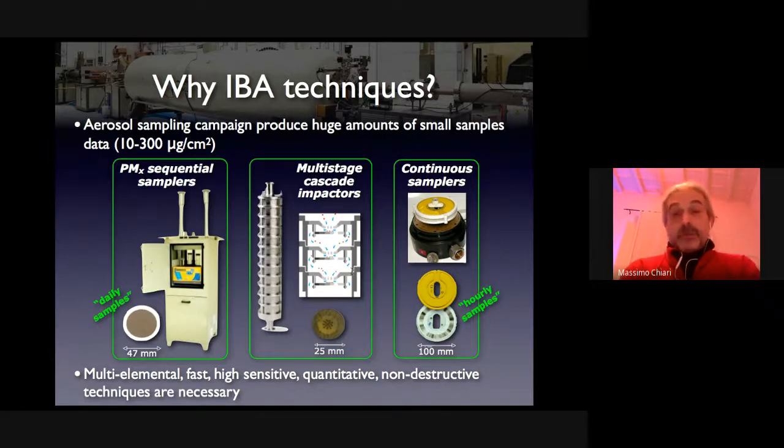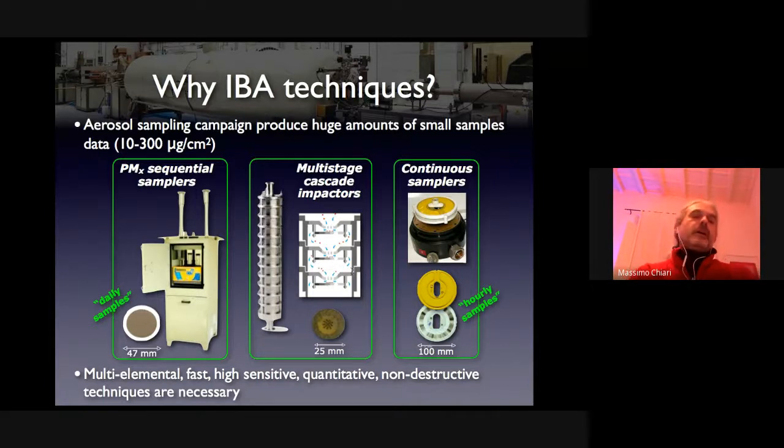High sensitivity, because the mass is very reduced. Fast, because you have to analyze a lot of samples and the beam time is not infinite. And then you obviously need quantitative techniques, and the fact that it's non-destructive is a plus, because then the same samples can be analyzed with different techniques.